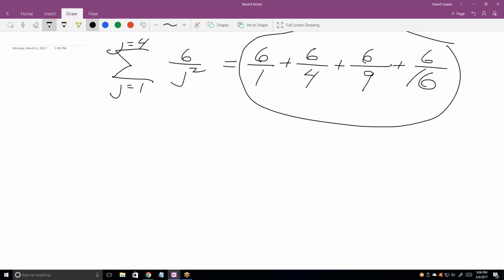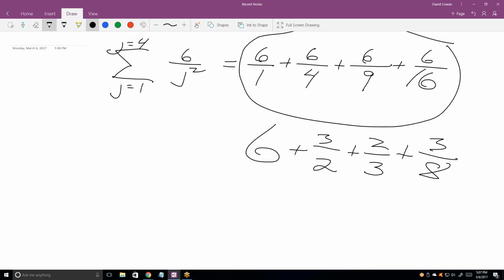Now, those fractions aren't that easy to deal with. Let's see if we reduce them, whether it makes it any easier. Makes it a little easier. The top tells you how many times to do it?